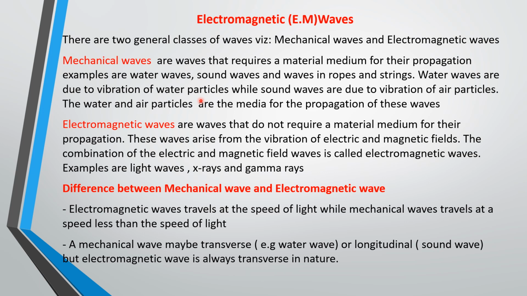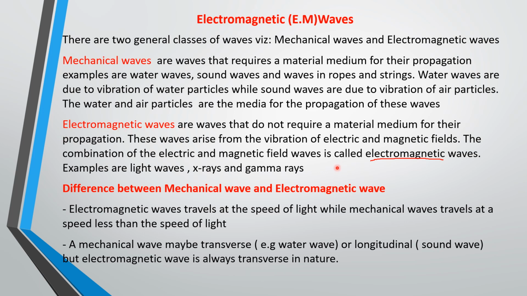Alright, but there's another class of waves that does not require material medium for their propagation, and those waves are known as EM waves, that is electromagnetic waves, and they arise from the vibration of electric and magnetic fields. So by the time you combine the electric and magnetic field, you have what is called electromagnetic, and this is what actually gave rise to the name electromagnetic wave.